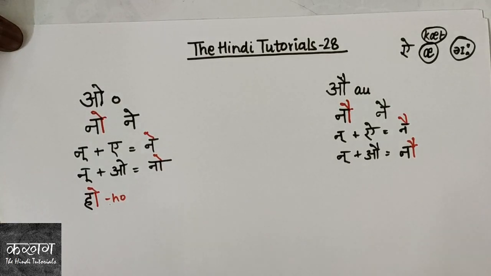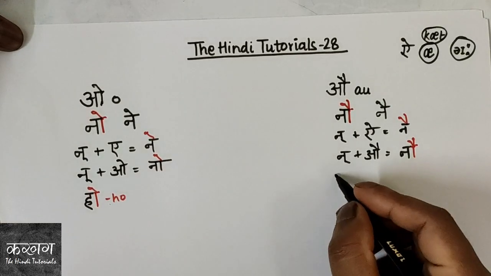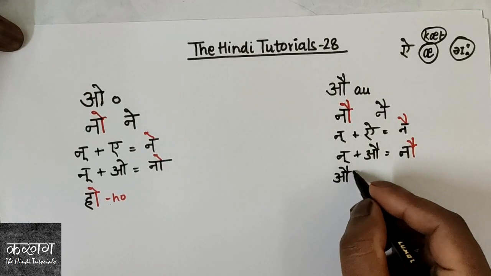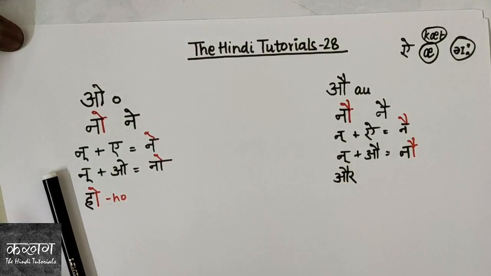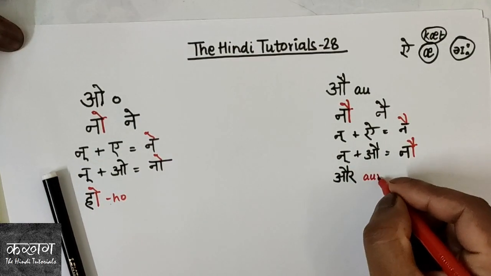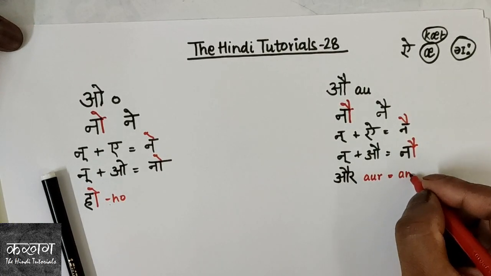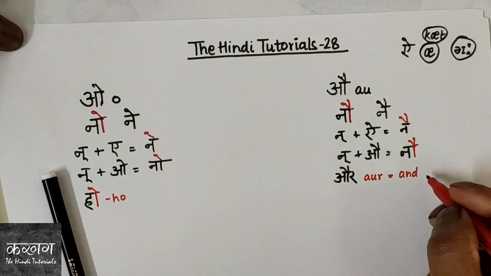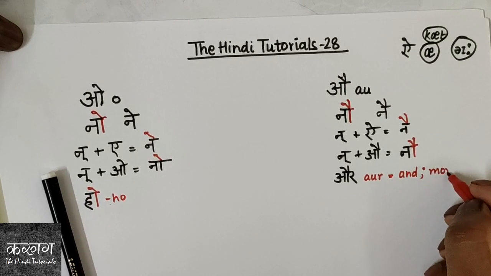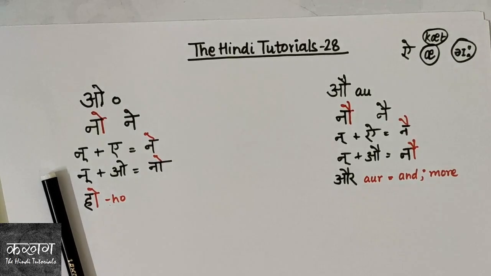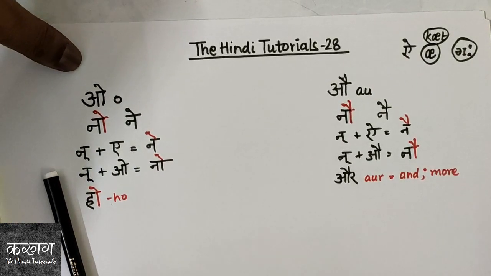And with O we can form many words, like one is or, which means and. It also means more. In later classes we'll learn how to use or in the form of more.